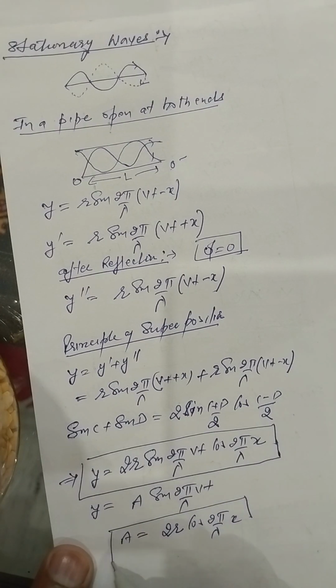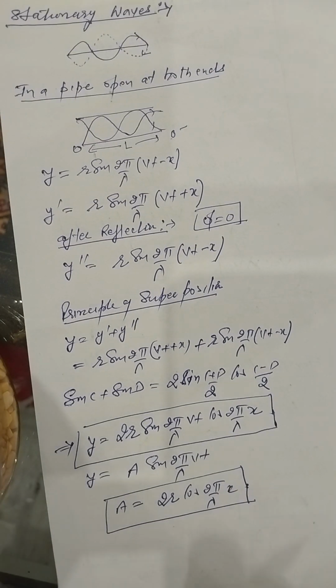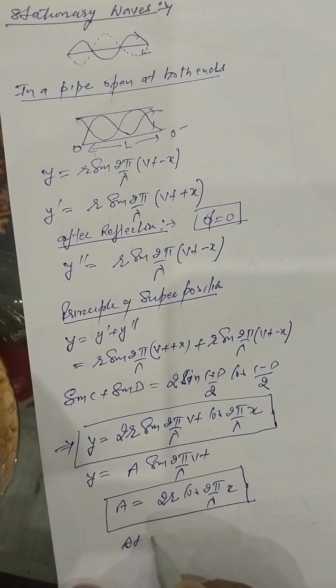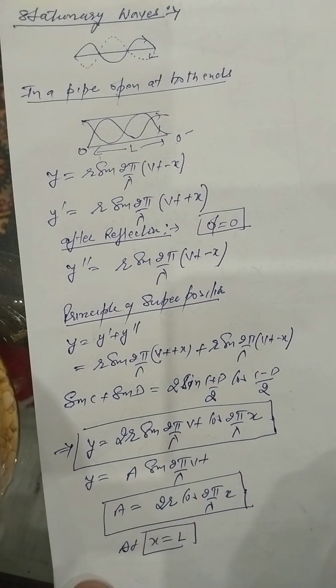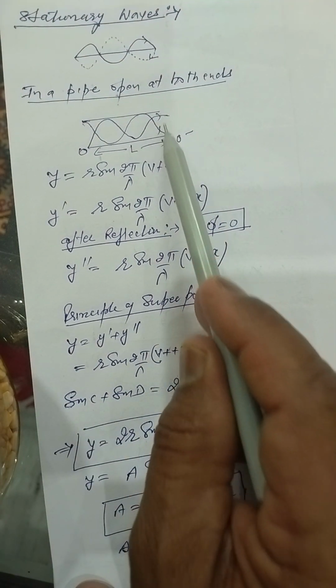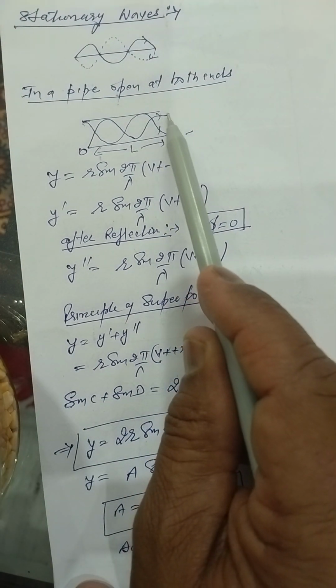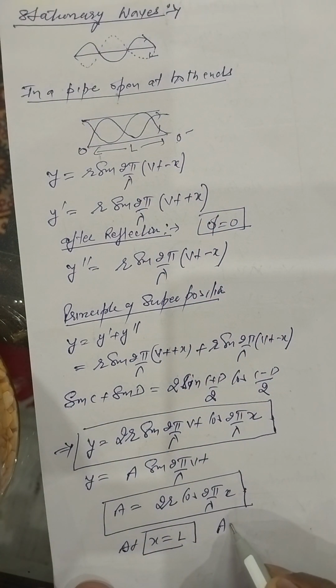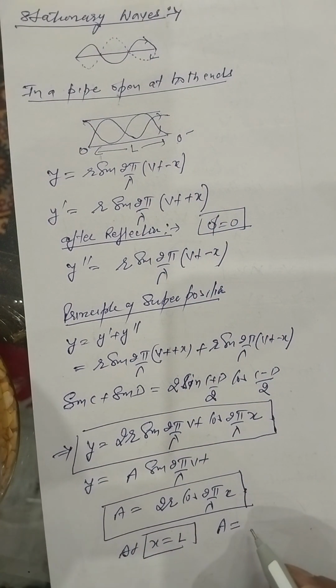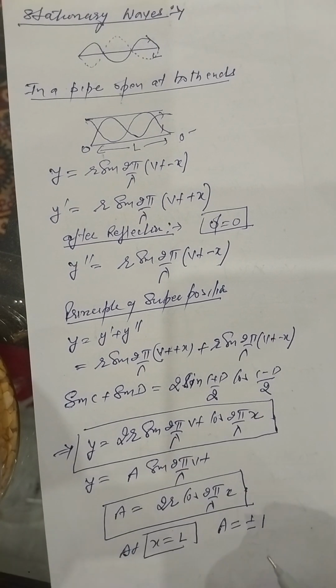Now we will find the conditions. It is clear that at x equal to 0 or L, as we can see from the diagram, there is no closed end, so here the amplitude will be maximum, that is plus minus 1.